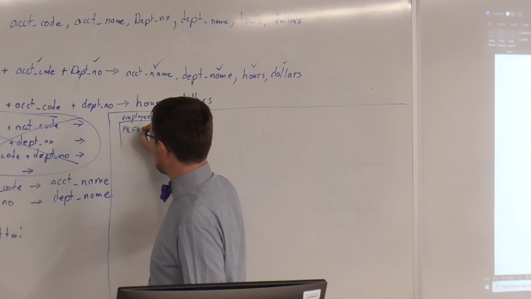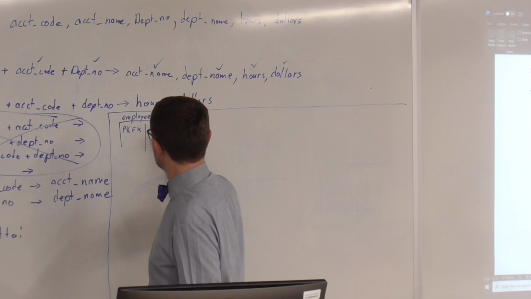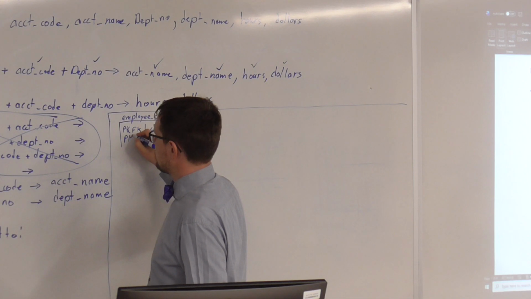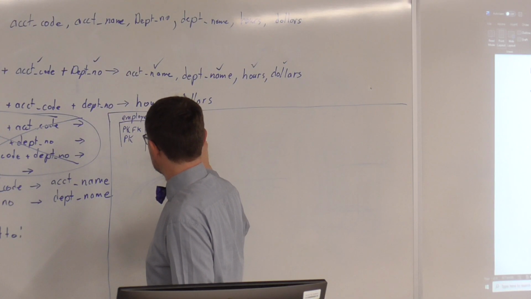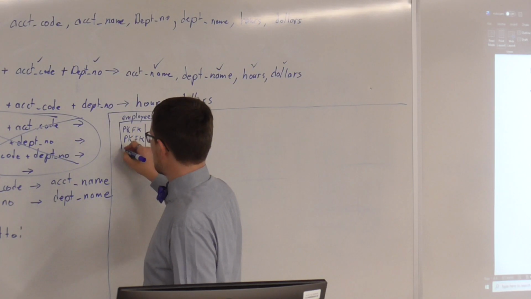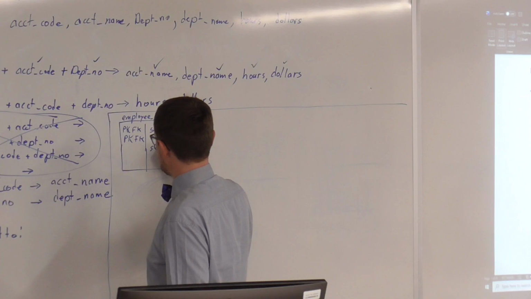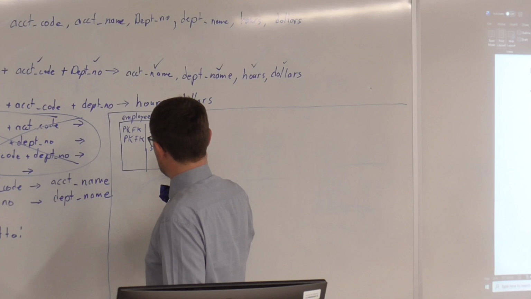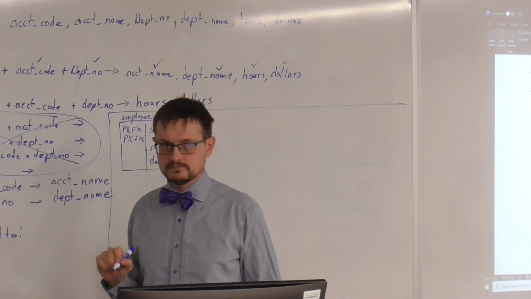Yeah. PKFK skill code. We've got primary key employee number. Is it also a foreign key? Yes. PKFK employee number. We also have two regular fields, skill level and date. Very good.